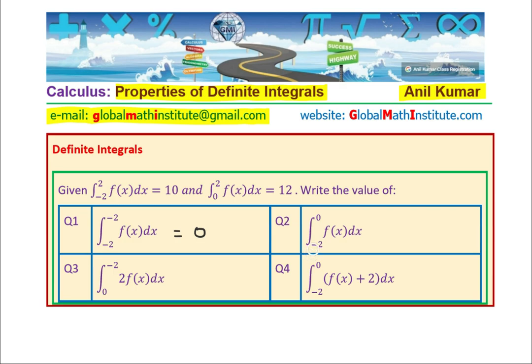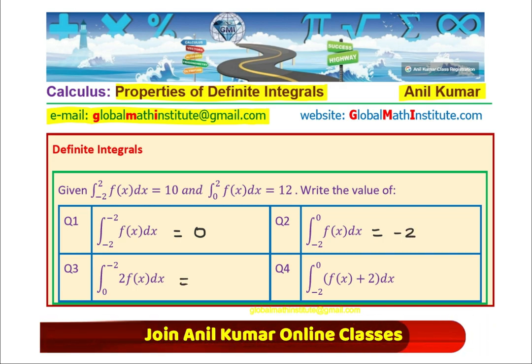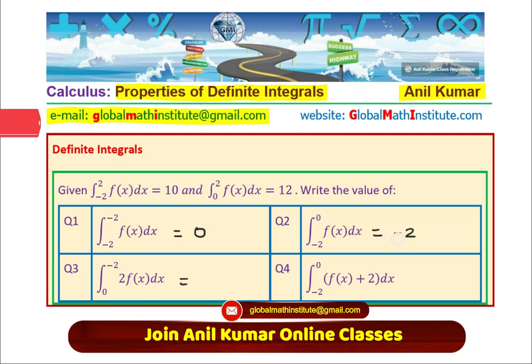The second, minus 2 to 0, was minus 2. And 2 times f of x is 2 times this value, but negative of it, which is 4.